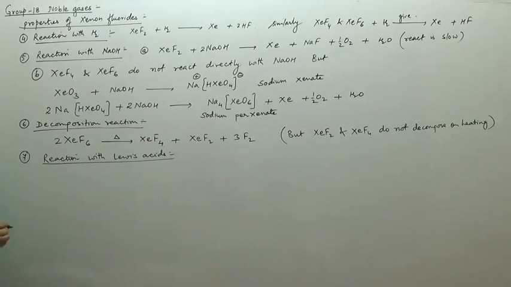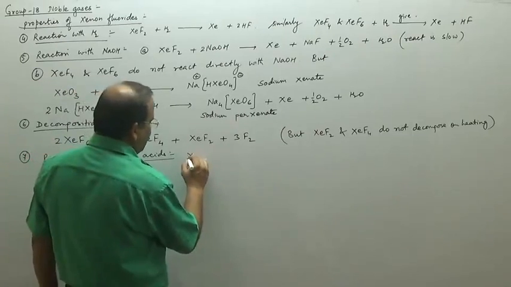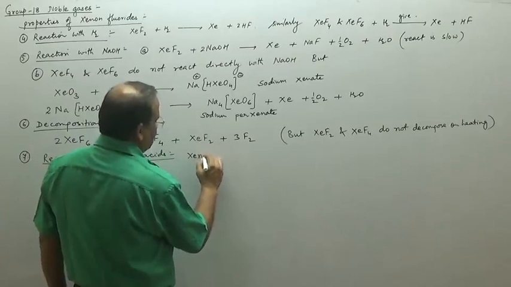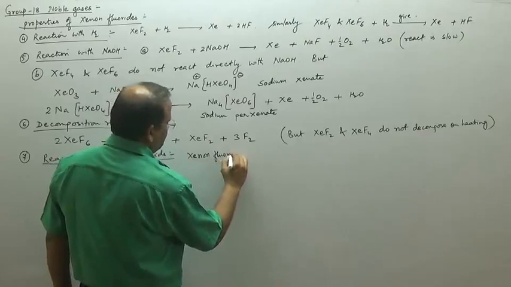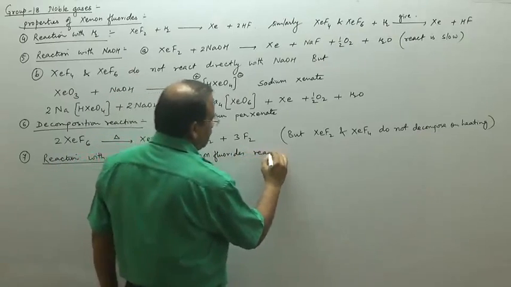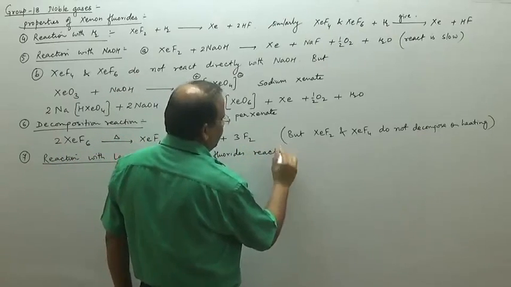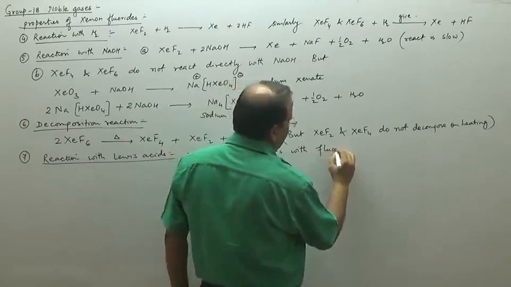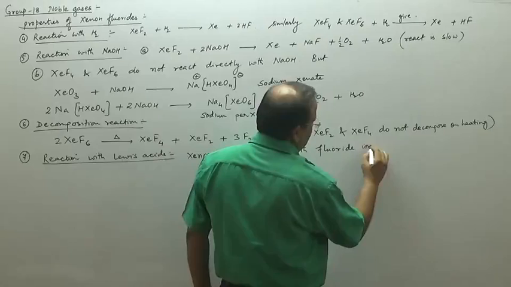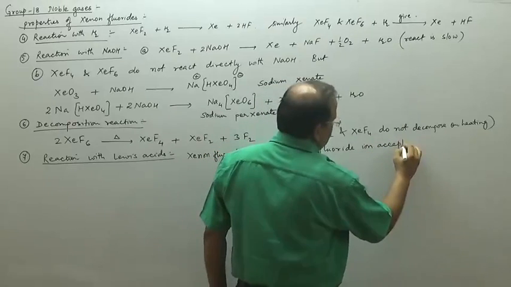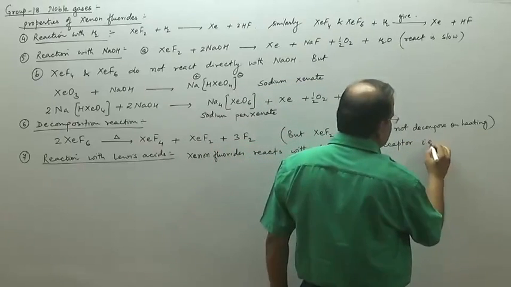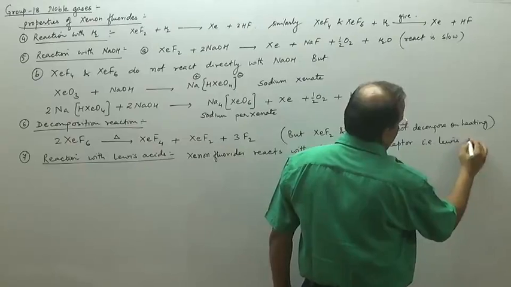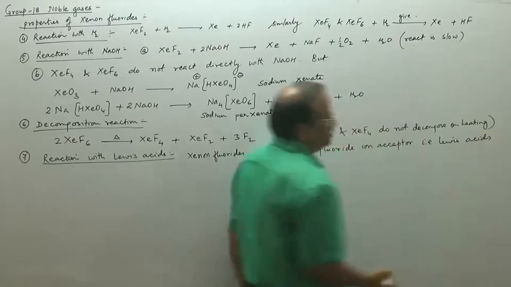Xenon fluorides react with fluoride ion acceptors, that is Lewis acids, because they are fluoride ion acceptors.